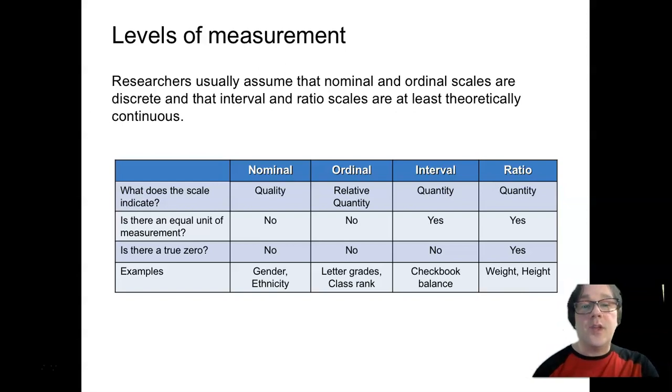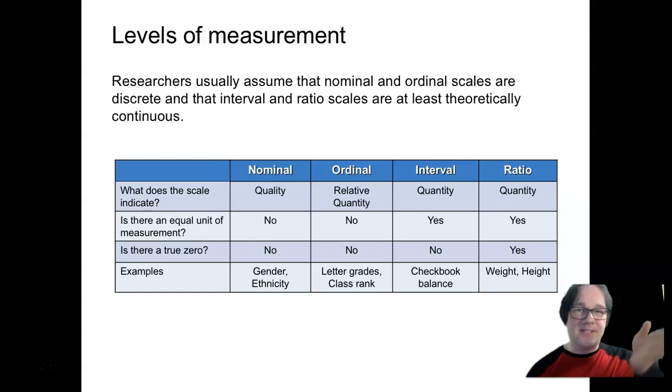When it comes to ordinal levels of measurement, what does the scale indicate? Well, it indicates relative quantity, right? So it's kind of like a nominal scale in the sense that we're still having these categories of, say, first, second, third place as an example, or something like A, B, C, or D as grades in a class.